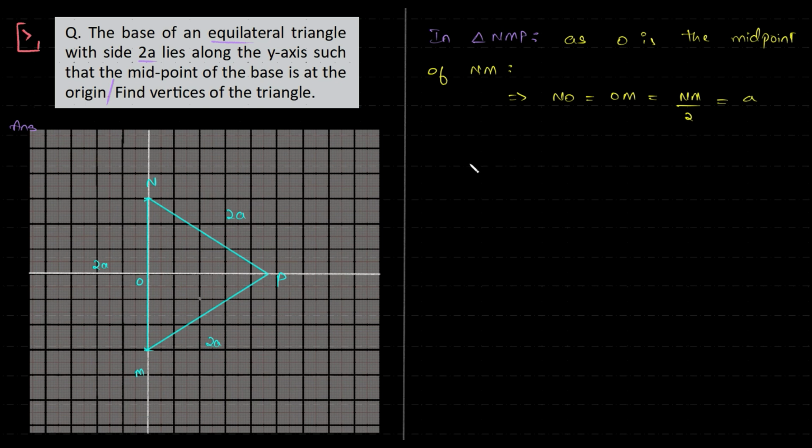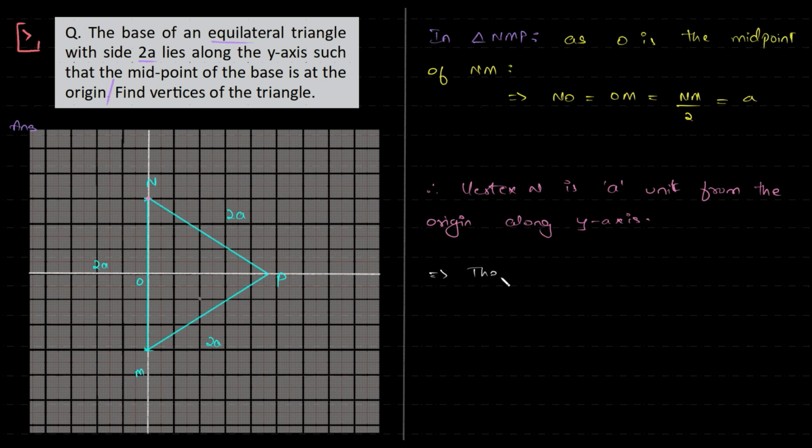So with this, what can we infer? Therefore, vertex N is a units from the origin along the y-axis. Right? So basically this point will be 0 comma a.